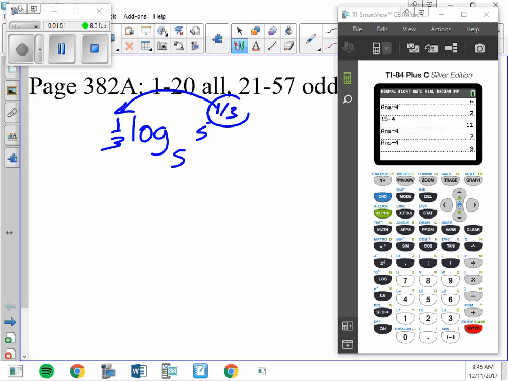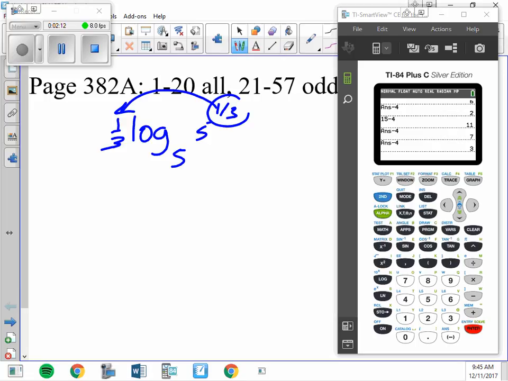Okay, number 12. 2 to the log base 2 of 5, it's 5. 2 raised to the log base 2 just cancels, basically. It's a little more complicated than that, but the end result is 5.